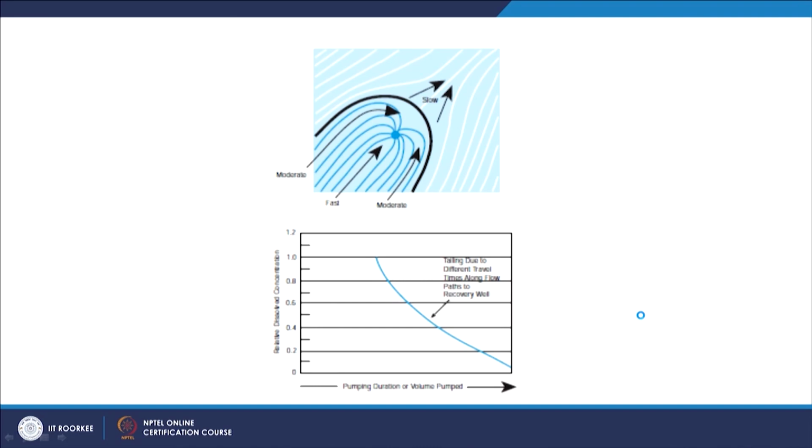So, the other aspect is that when we would have issues with tailing, let us say, is that I am pumping the water out. This is my location of the well, right, let us say from Havendel et al, and this is the boundary of my flow line for that particular extraction well, right.